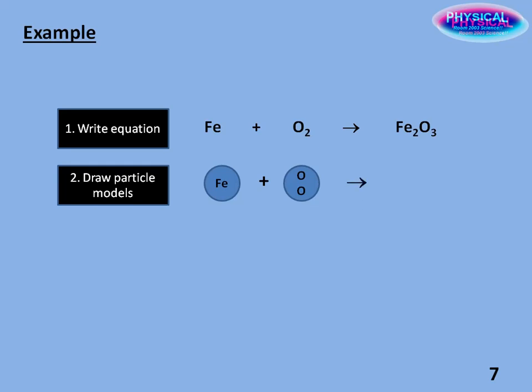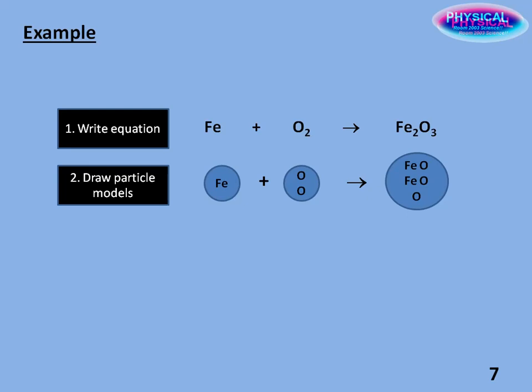And then Fe2O3, I'm going to have 2 iron and 3 oxygen atoms in that particle. So step 2 will help you visualize that when we need to balance, we have to add whole particles.